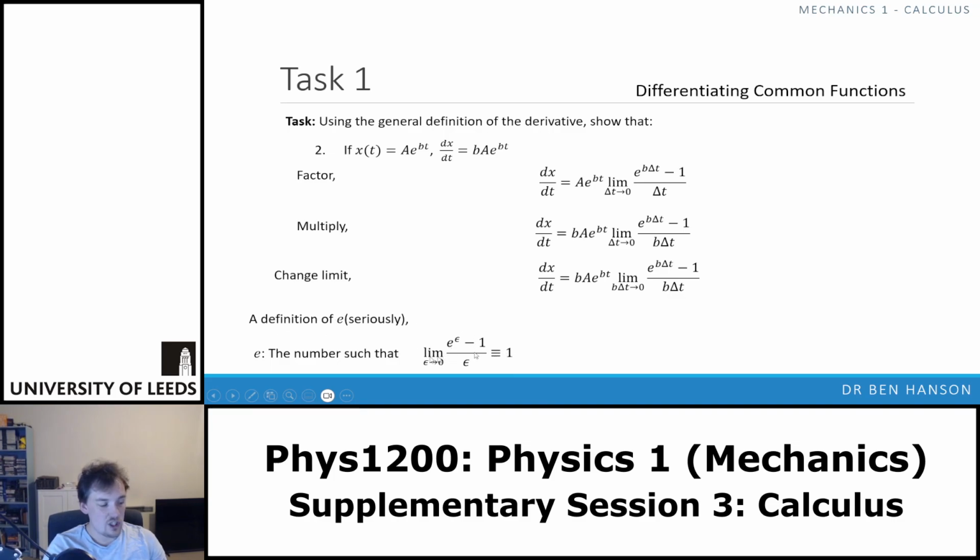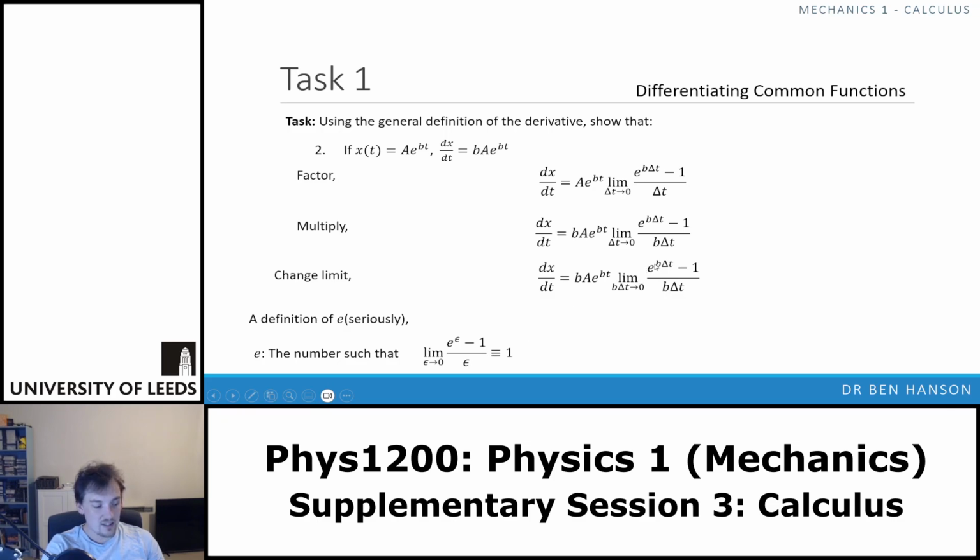That's the definition of the number e. And that comes from how e was developed. It's to do with compound interest and how things change when they grow based on their previous value. So you can think about money in the bank with an interest rate, although interest rates are a bit crap at the moment. You can think about it in terms of interest on interest on interest. This was where e was developed from, and it was defined such that this is the case.